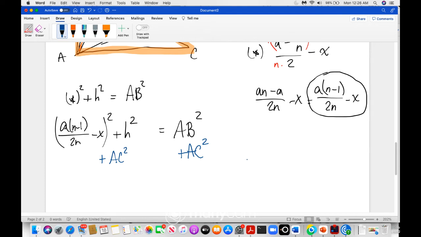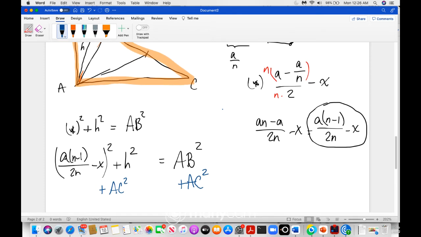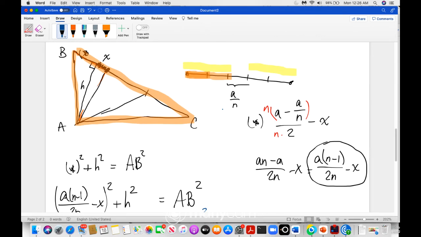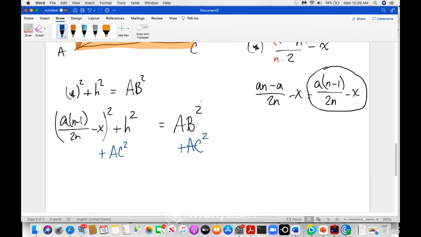And now you'll notice that on the right-hand side, I have AB squared plus AC squared, which according to the Pythagorean theorem is this hypotenuse squared. But the hypotenuse is A, it's little a. So this side just evaluates to little a squared.